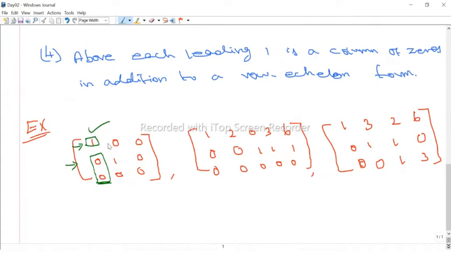We get the first non-zero entry here, and it should be 1. Yes, satisfied. Below the leading entries are 0, so the second condition is satisfied. You need not scan the third row, because it's already 0. Therefore, this is row echelon form.